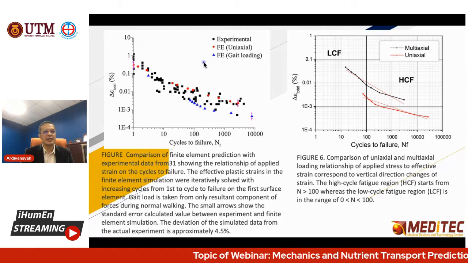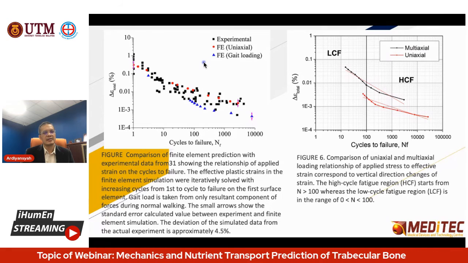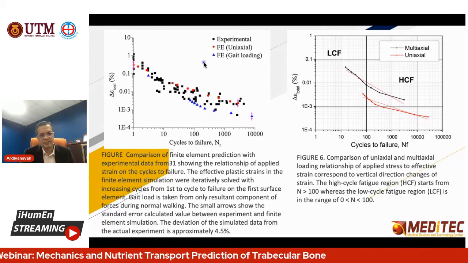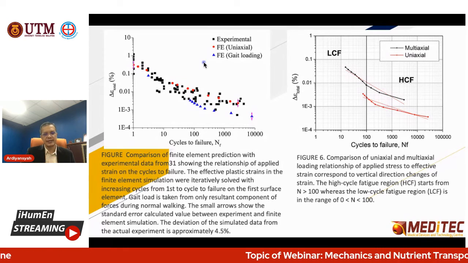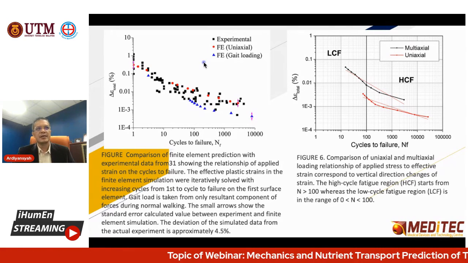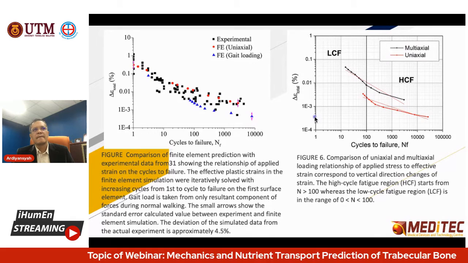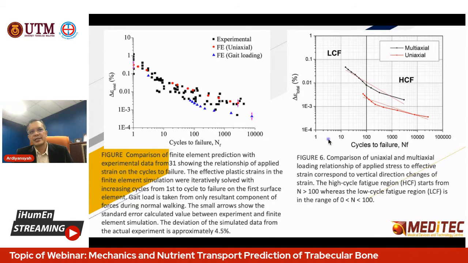Actually, if you look here, the gait loading makes the cancellous bone fail faster compared, let's say, with the uniaxial.